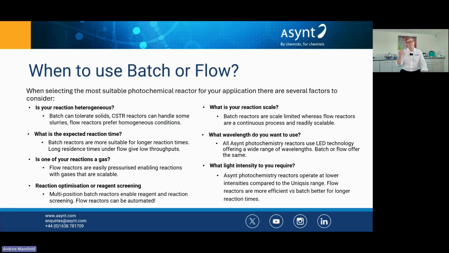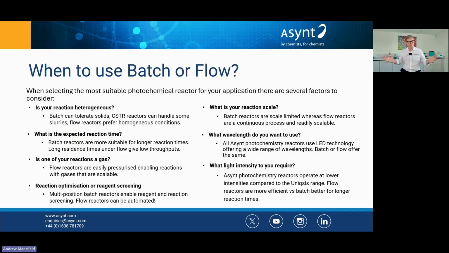There's a few factors we need to think about. So one is homogeneity. Flow reactors lend themselves very well to having our reactions completely in solution. That's their sweet spot. If we've got any kind of solid material, whether that's an inorganic base or a heterogeneous photo redox catalyst, then traditional batch methods will always be more favorable.